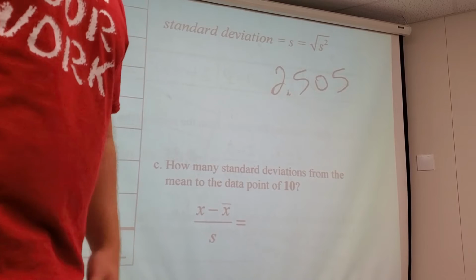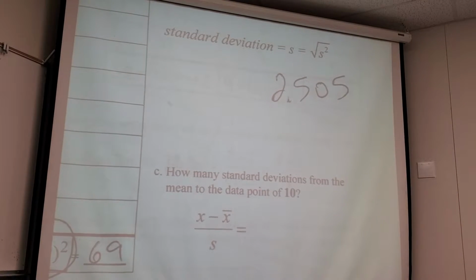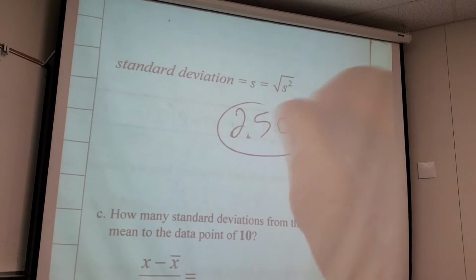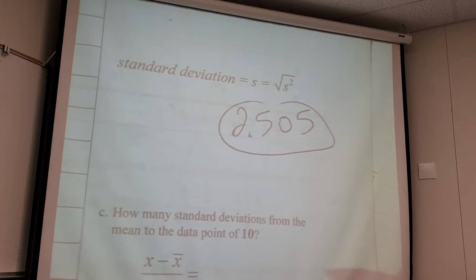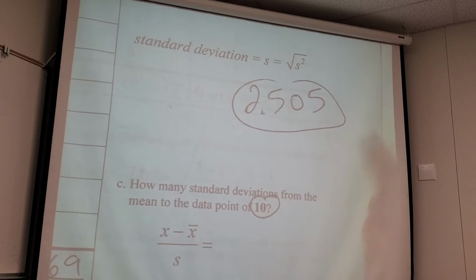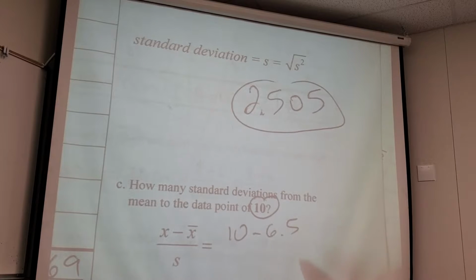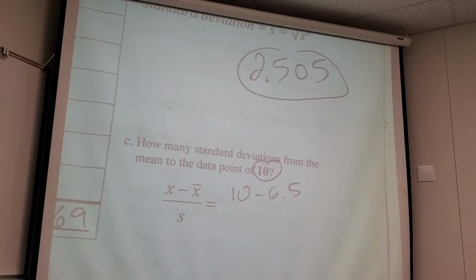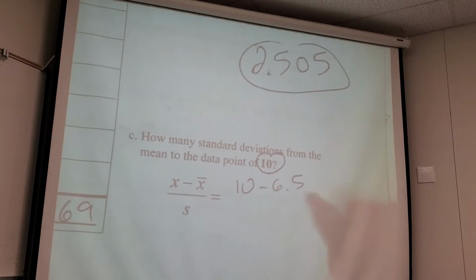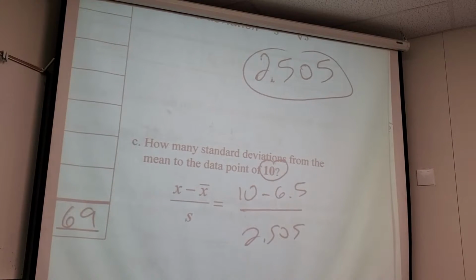Okay, maybe not. So what I'm doing on this next problem is using this to measure how far apart a data point is from the mean. So how far is 10 away from the mean? Well, it's 10 minus the mean. But relative to how far the data is in general, so divided by 2.5, how many steps fit in between those two is really what I'm asking.